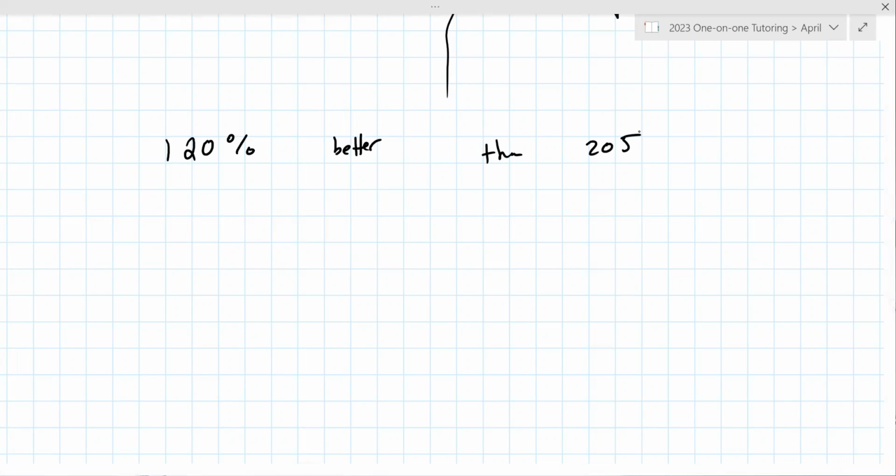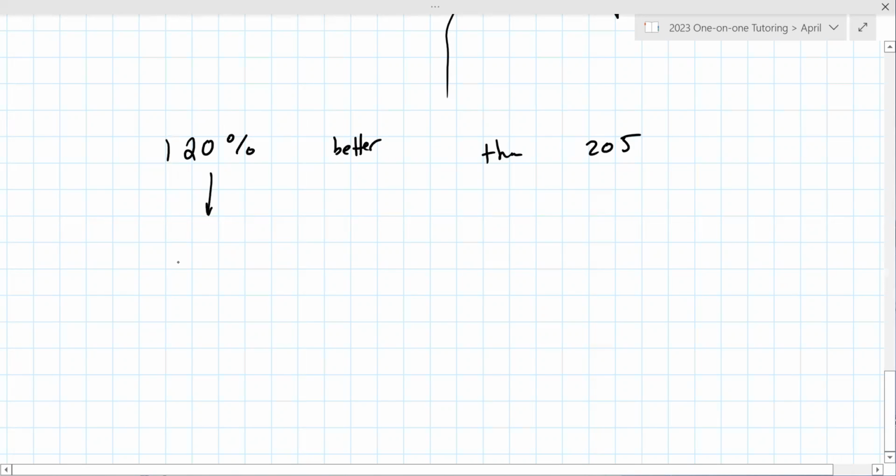So you have to take this percentage and multiply it by 205. What is this percentage as a decimal? If you're not sure, here, 40% was 0.4.